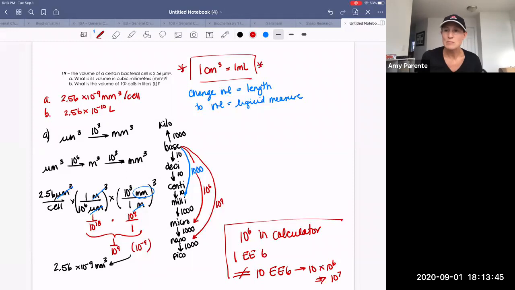So this is a common place that students will be off by a factor of 10 in their problems, when they're entering things in their calculator, particularly if there's not a number. So when we have 10 to the 6th, it's really 1 times 10 to the 6th, which means you type in 1, you use EE, and then the number 6. So make sure that you're good using your calculator.